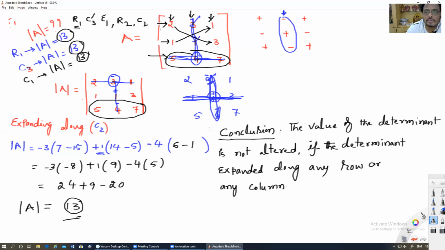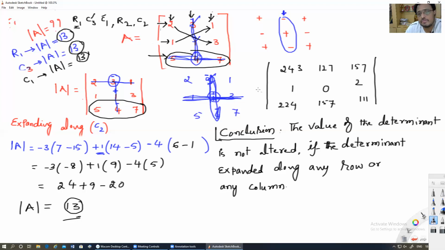So why this conclusion is important, I'll tell you why I'm telling you. Suppose the determinant I've given is 2, 4, 3, 1, 2, 7, 1, 5, 7, 1, 0 and 2, 2, 2, 4, 1, 5, 7 and 1, 1, 1. So in this what happened?